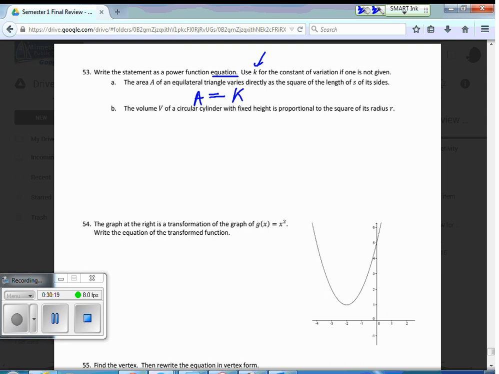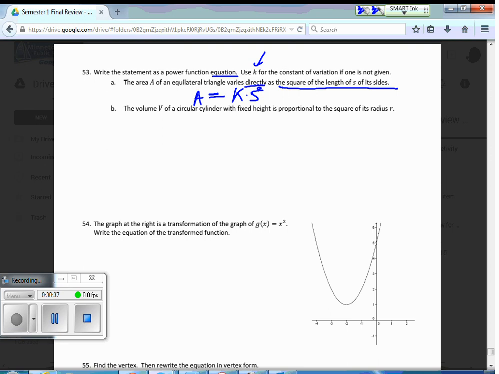The square directly, that means I do not use a fraction in this. Square of the length of its sides. I'm going to call the length of its sides S squared, even though S is a terrible variable because it looks like a 5. K times S squared. There we go.